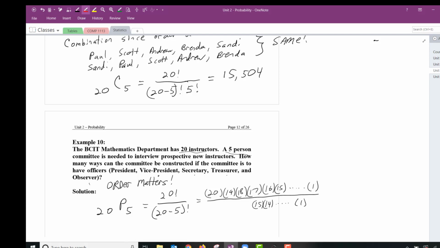You see that there's all that cancellation, so it's not too bad to calculate. It's just 20 times 19 times 18 times 17 times 16, but it ends up being a pretty big number in a hurry. It's 1.86 million, 480 different hiring committees when the officers are part of the equation.